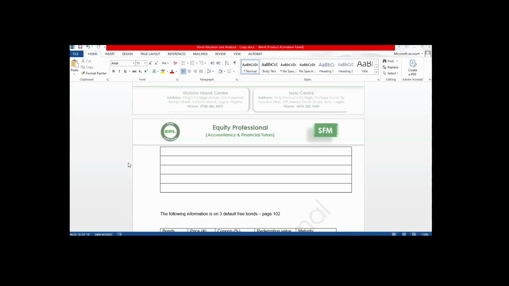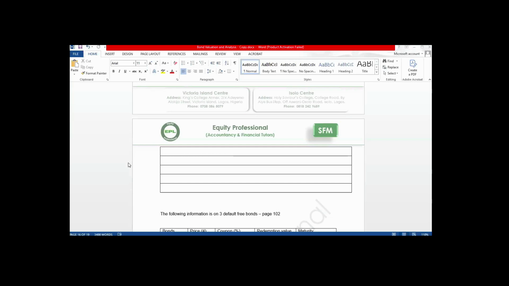After you have determined the cash flows, then you are going to require a rate to discount the cash flows to their present value. This rate is called the bond yield. Now, if you are to value a bond, you can either use the spot yield curve, that is the spot rate, or you can use forward rates.